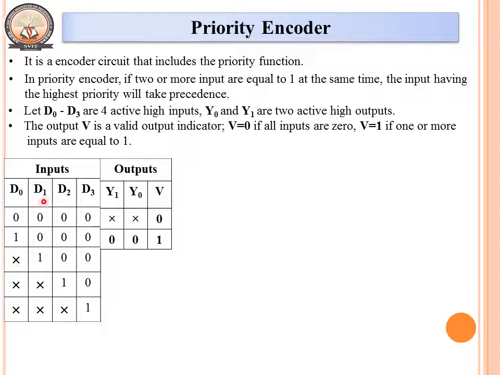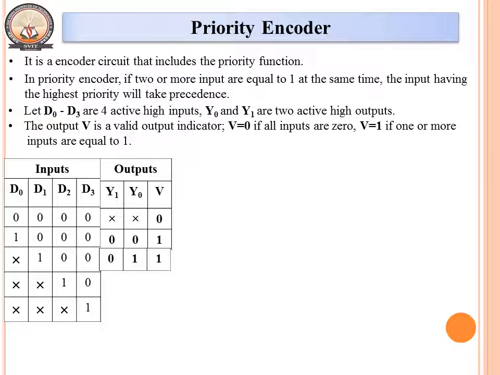Since I have activated D1, irrespective of the value of D0, my output will be with respect to D1 only, and D2, D3 are 0, so they will not affect the circuit. Whatever the value of D0, my output will be with respect to D1. So D1 is activated, my output will be 0 1, and since again it is a valid input, the V value is 1.